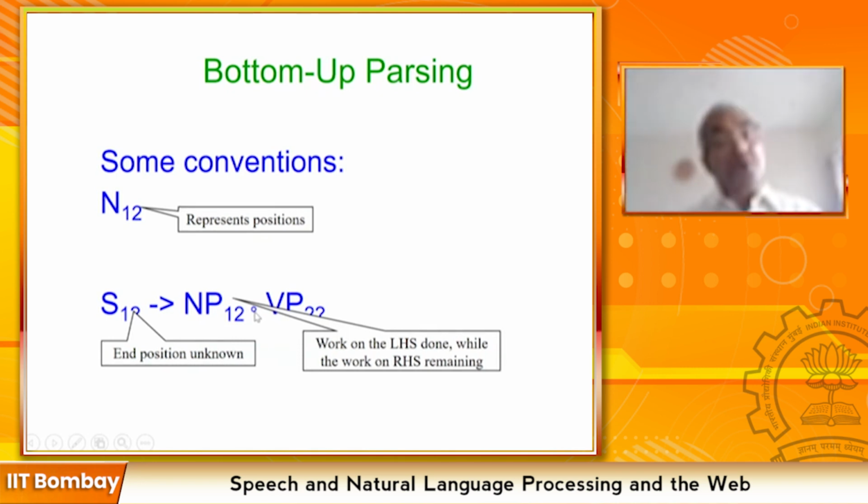This dot is called dot by linguists. Wherever dot sits, it says that I have completed some work that is to the left of dot, and I have work to do that is to the right of dot, the handle. So the dot sitting here says that a noun phrase has been resolved. Now a verb phrase needs to be resolved. So this is the algorithmic construct which is used.